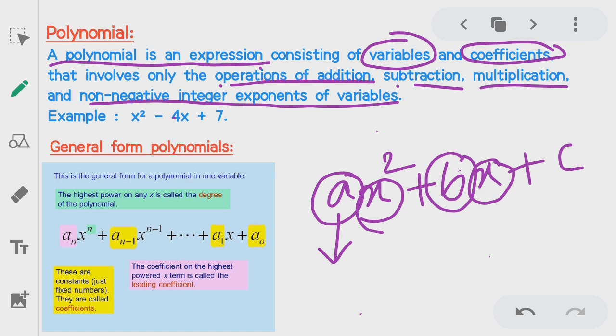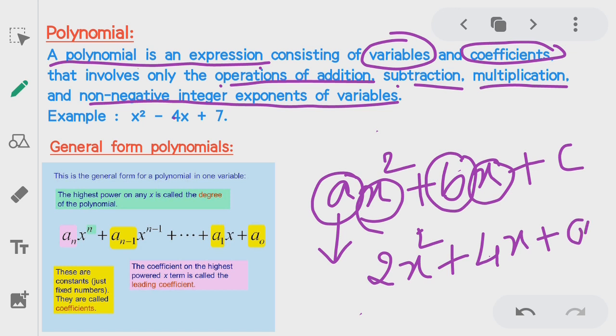If there is no constant, we should take it as 0. Let us say 2x square plus 4x is given. There is no constant given here, but we assume that there is a constant 0. That's why it's not mentioned in the definition also.